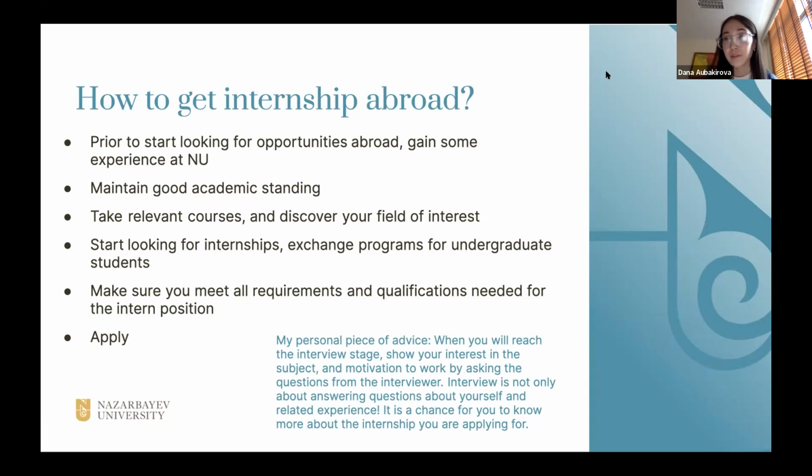So you need to show your soft skills in order to catch their interest. Therefore, I advise you to ask questions. If it is a research internship, for example, you can ask more specifically about the research subject, or ask for some literature in order to be prepared for the internship.